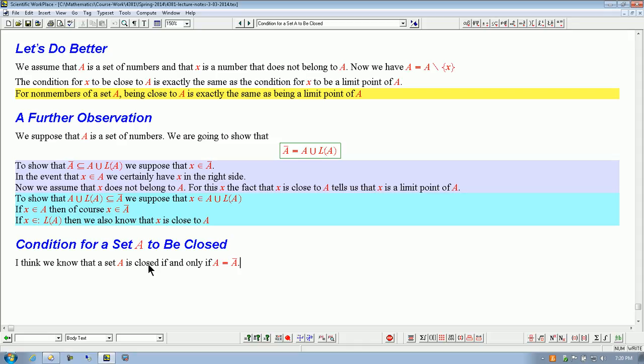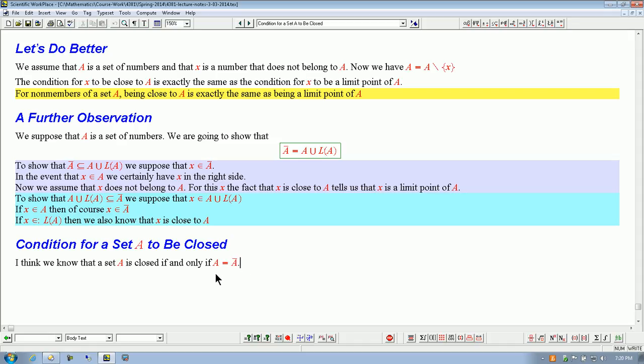Listen, a set is always included in the closure. Isn't that right? A set A is always a subset of the closure because every number belonging to a set will always be close to the set. But a set is closed if and only if the set is exactly equal to the closure, meaning that numbers that are close to the set have to belong to the set.